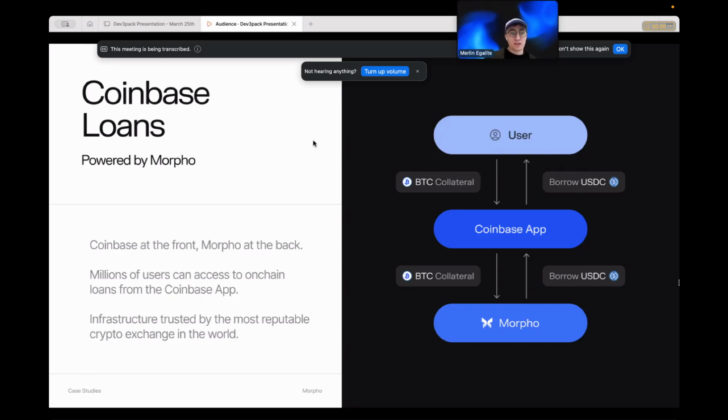What it means is that those USDC can then be spent by the user. So, for instance, imagine you have the Coinbase credit card and you have borrowed some USDC. Now you can use those USDC to pay at your coffee shop, for your latte or whatever you want. So it's extremely powerful.